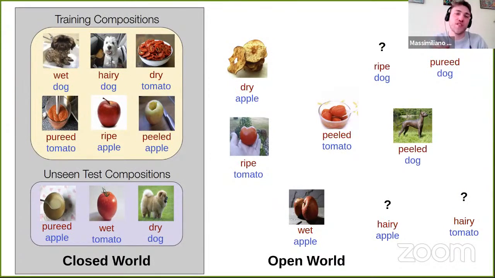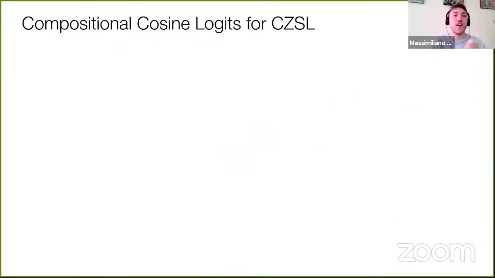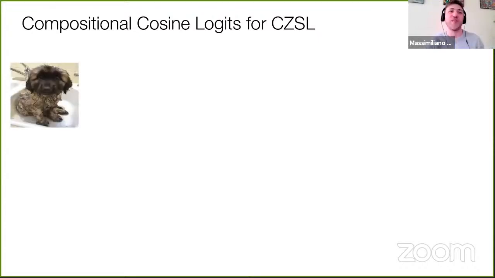Here for compositional zero-shot learning, things are a bit simpler to define because we have a set of objects, we have a set of states, and we just say that we don't restrict the space of compositions. All compositions are considered to be possible candidates at this time. I hope I gave you the intuition of the task. And now I'll describe how we started addressing this problem, far from being solved, let's say.